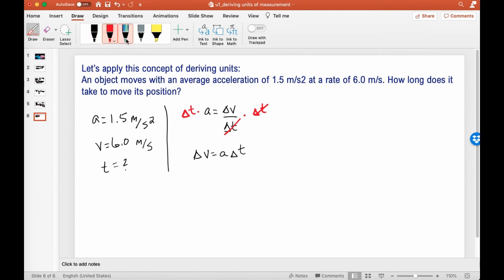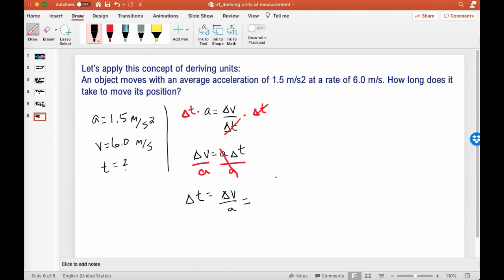And now we still need to isolate time by itself, so we divide this side by acceleration, and do the same over here. So now we've got delta t, our time variable, equal to the change in velocity over that object's acceleration. This is the new form of the equation to solve for our variable. We've isolated the unknown we're solving for. This is a process that you have to do with every single thing that we do in class.